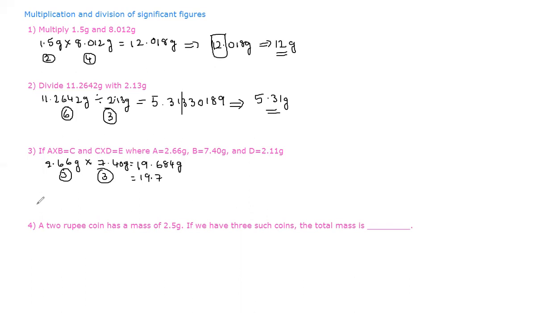Now this 19.7 is C, right? A into B, when you multiply, you will get C. And C, 19.7 grams, on multiplying with D, which is 2.11 grams, how much will you get?